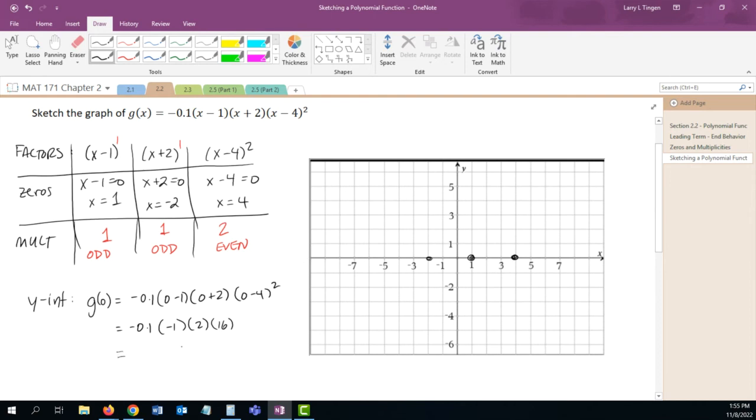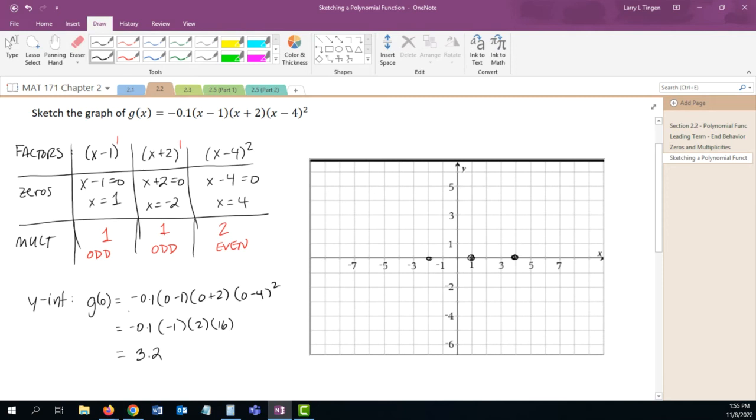What happens when I multiply this? Negative 1/10 times negative 1 is positive 1/10. Positive 1/10 times 2 is positive 2/10, and positive 2/10 times 16 is... negative times a negative is positive.